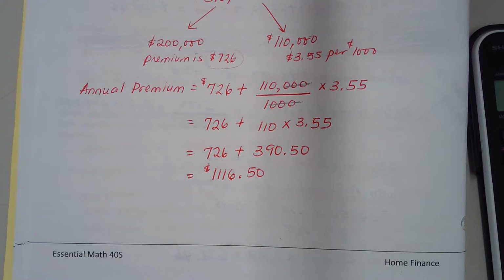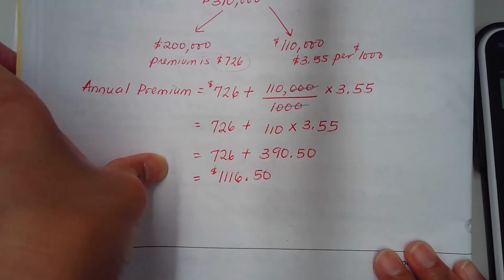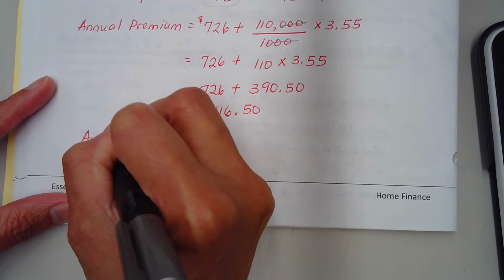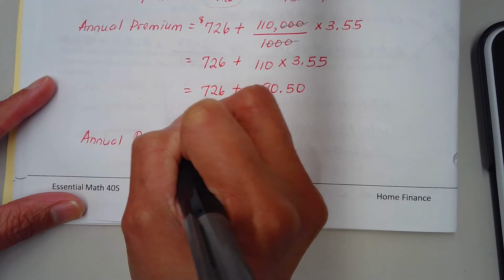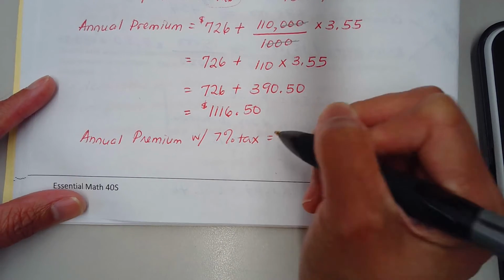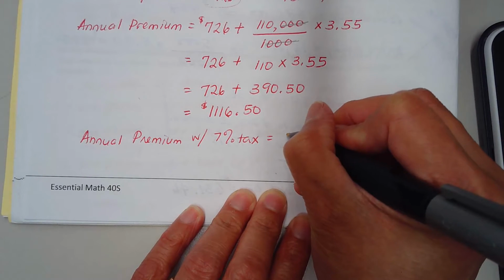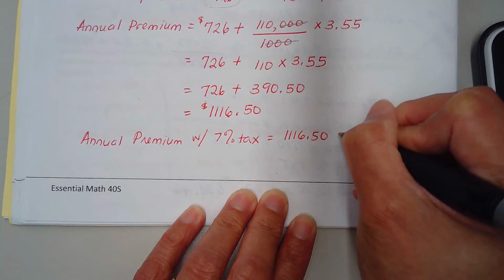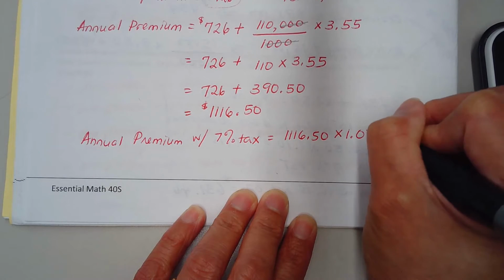So the next part is for us to do the taxes, which is how much? Times 1.07. Yeah, because it's 7%, so we're going to multiply by 1.07. So let's do just that. So annual premium with 7% tax equals $1,116.50 times 1.07.